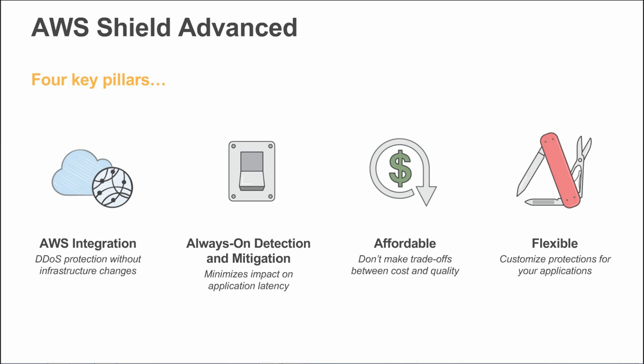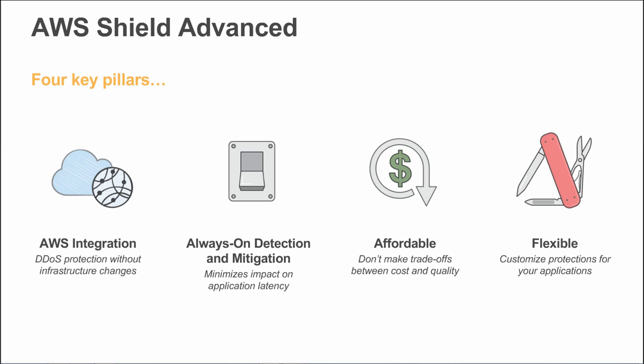Shield Advanced is tightly integrated with AWS so that you can get these advanced protections without making any changes to your infrastructure. You don't have to make any changes to your DNS configurations or add a new layer to your applications.